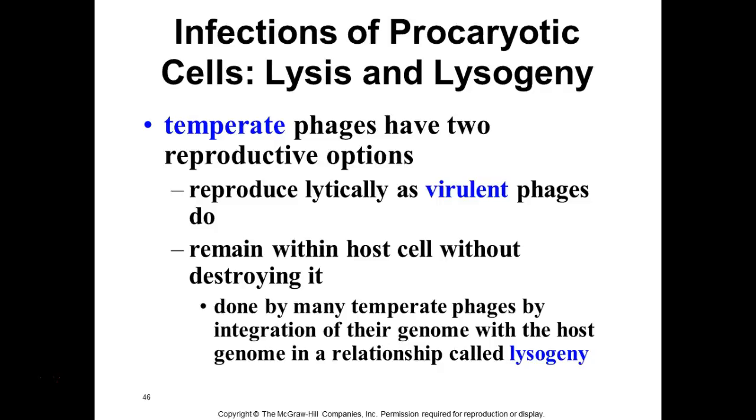Or they can choose to remain within the host cell without destroying it. In that case, this condition is referred to as lysogeny, where they actually incorporate their DNA into the bacterial cell's DNA. So when that bacteria divides, it actually copies the virus's DNA as well.